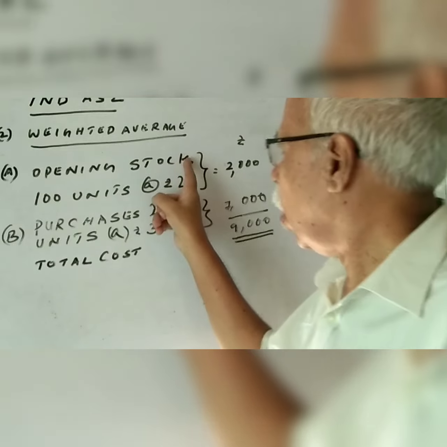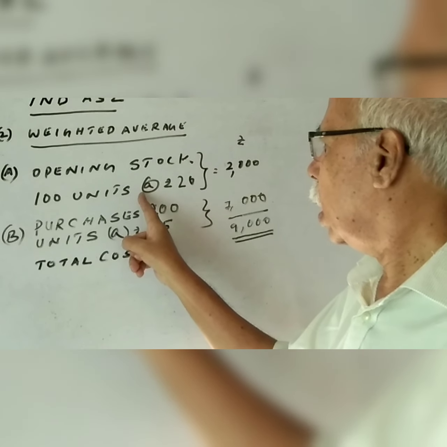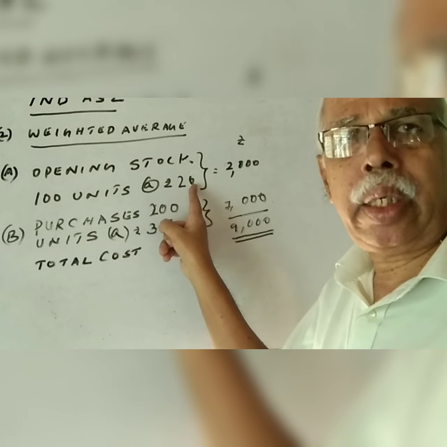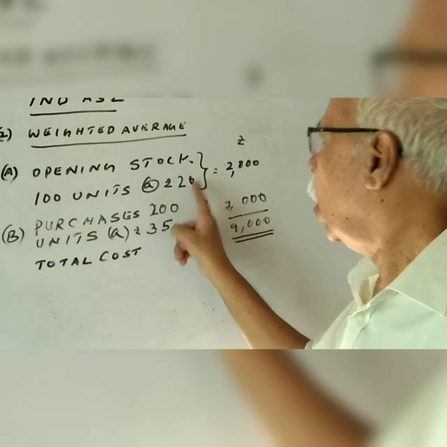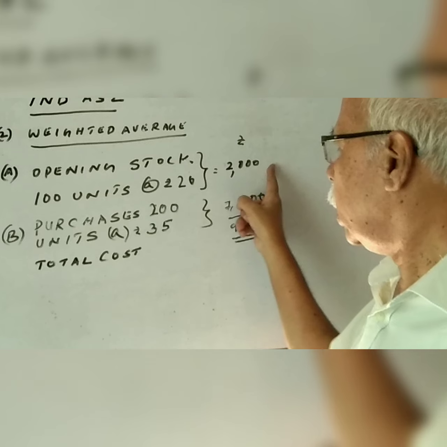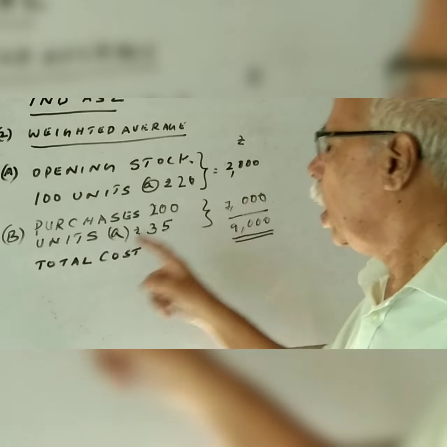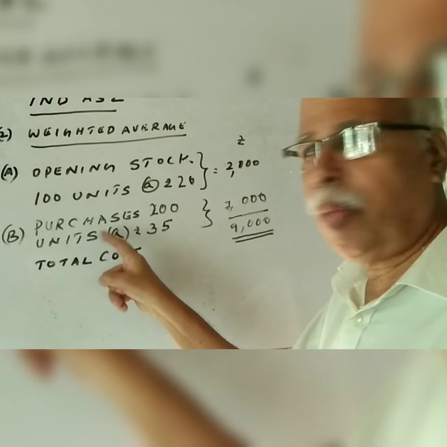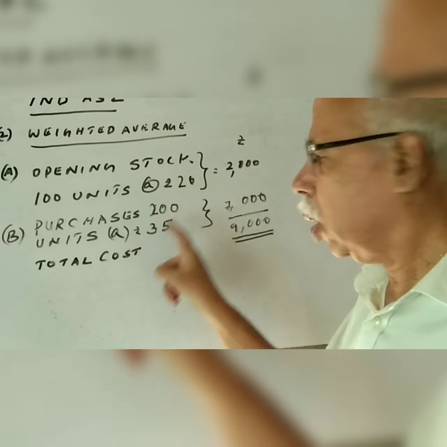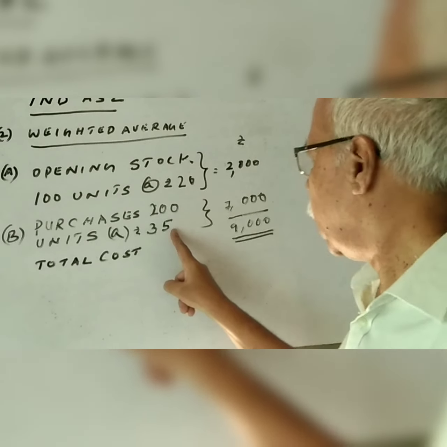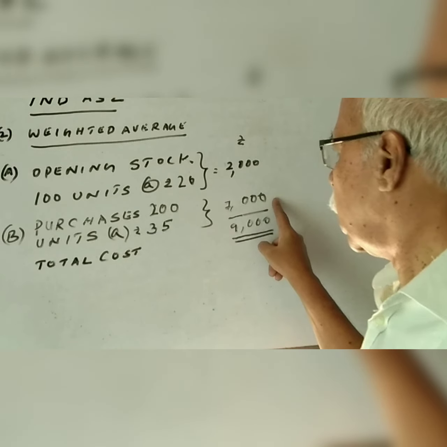The opening stock of 100 units at rupees 20 were there with a company. So the total cost is 100 into 20, 2,000. The company made new purchases during the year. It bought 200 units at rupees 35 per unit. So that comes to 7,000.